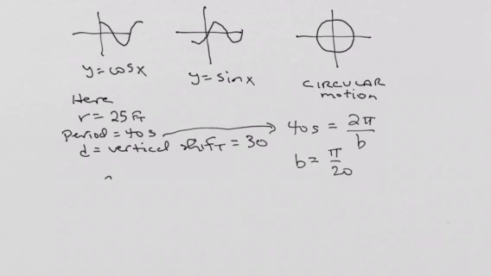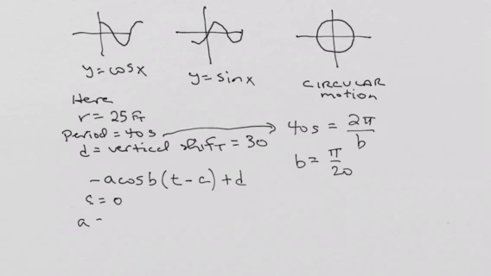My formula is going to be negative a cosine b, I'm going to call it t because our independent variable's time, minus some phase shift c, plus d. But c equals 0 because we chose negative cosine so that there'd be no phase shift.